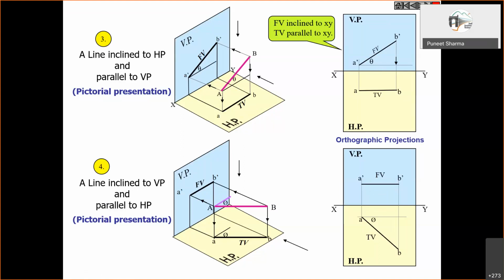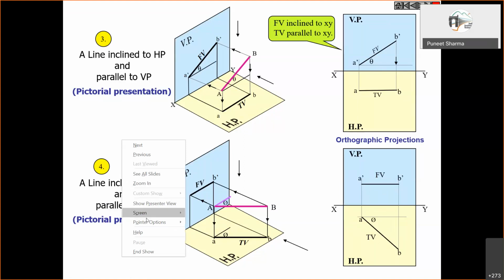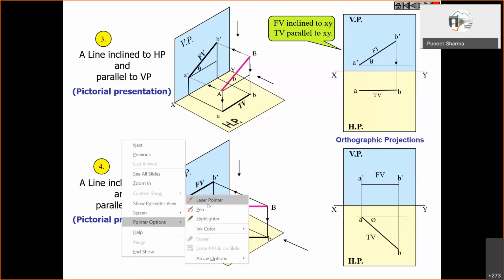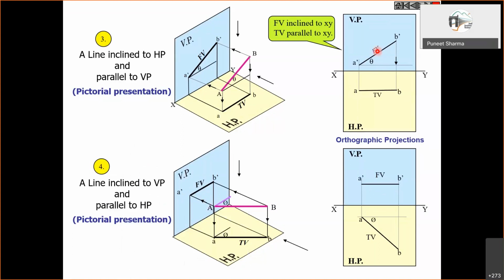So the front view makes the same inclination with the XY line, that is this theta, which is actually made by the line with the horizontal plane, because the line is parallel to the vertical plane. That is why this is achieved.